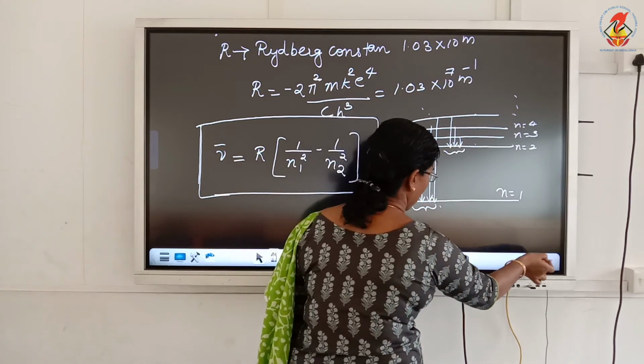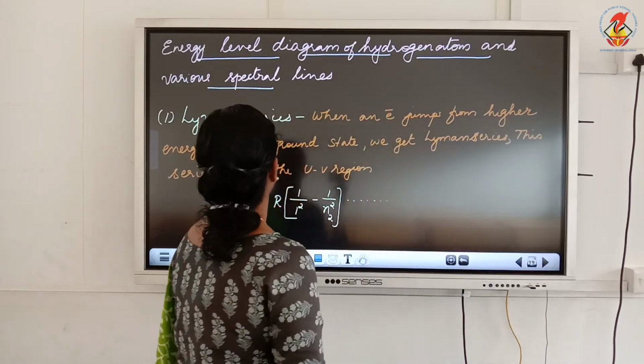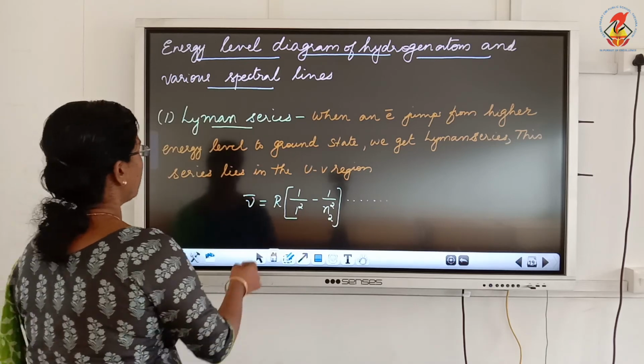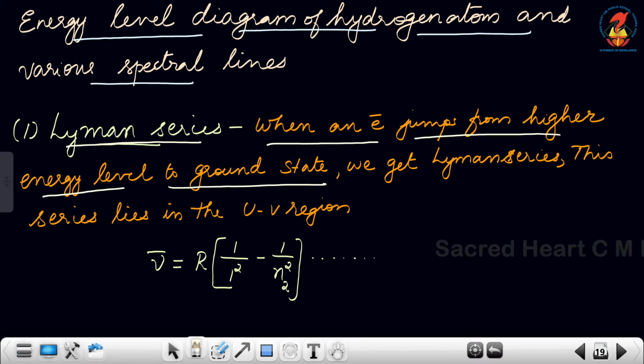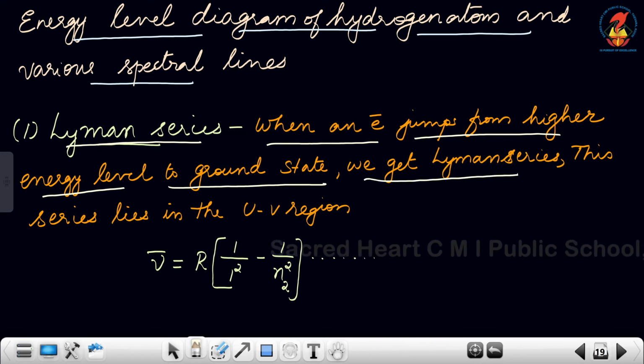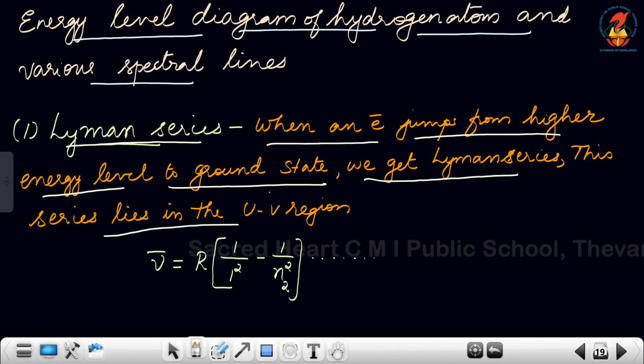So next we are going to study about the series of spectral lines. First one, we have the Lyman series. That is, when an excited electron jumps from the higher energy level to the ground state, that is the lowest energy level, we get the Lyman series. This series lies in the UV region.